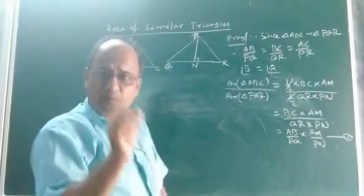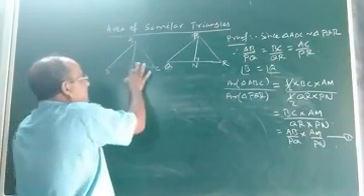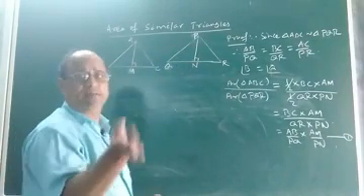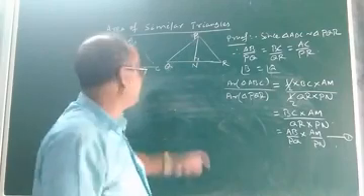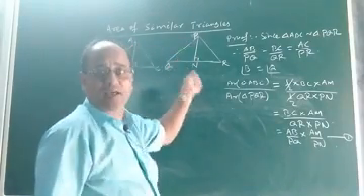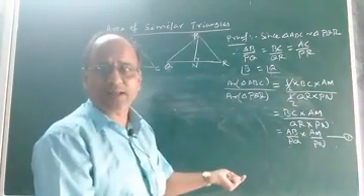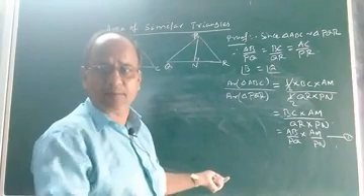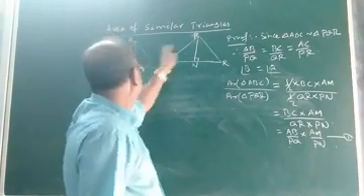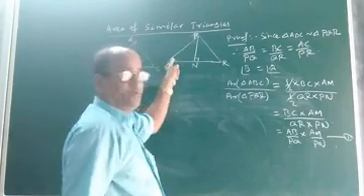If at all we can prove that triangle ABM and triangle PQN are similar, then no doubt AM by PN will be equal to AB by PQ, because they are the corresponding sides of these two triangles and they will be automatically proportional.